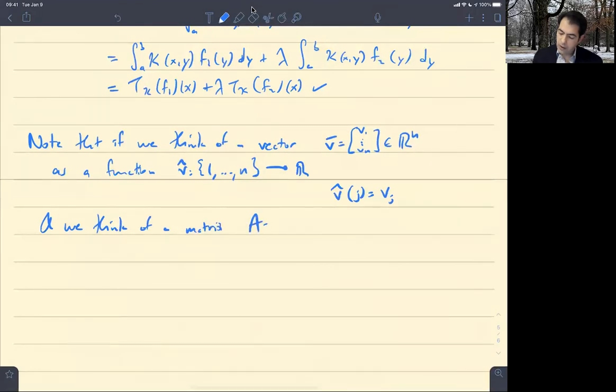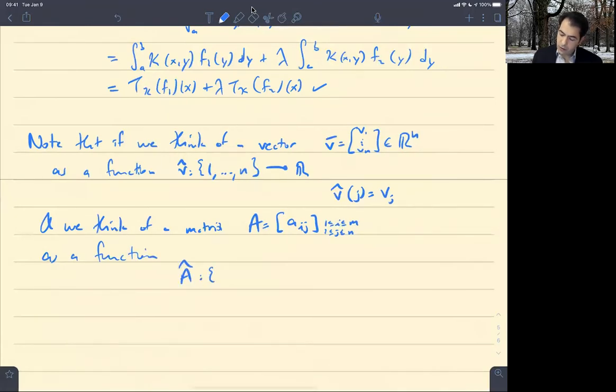So if I give you a matrix A, and I say that its entries are Aij, then really what we're doing is we're saying, well, to every ij, where i is between 1 and m and j is between 1 and n, assign a real number. So let's think of this as a function. Let's use the hat notation again.